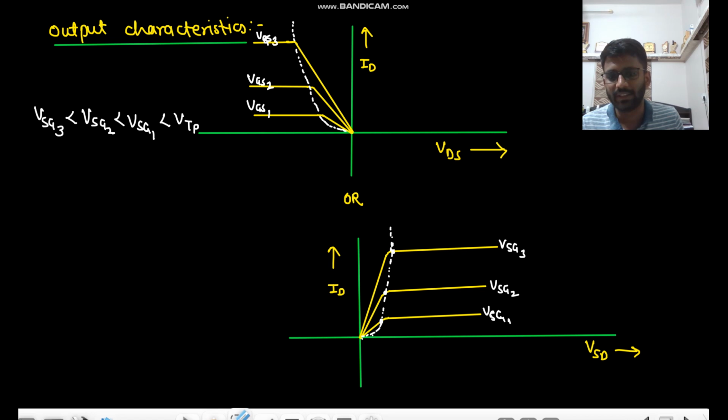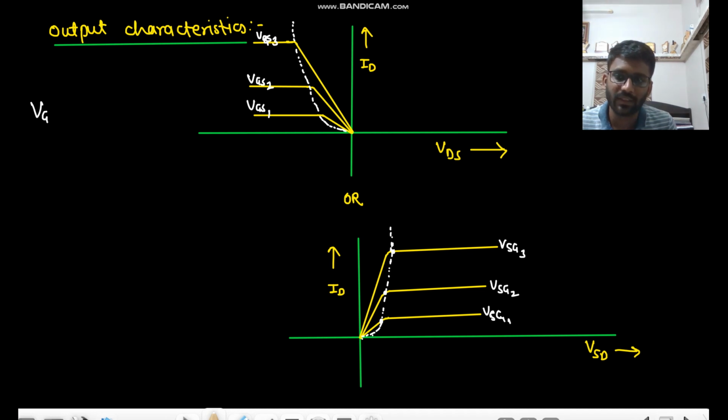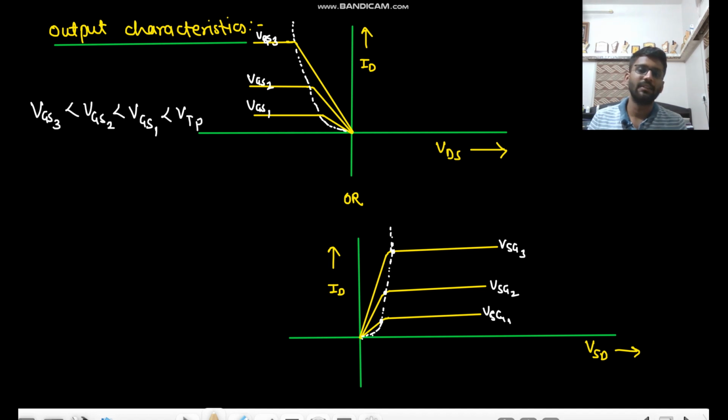It should be VGS because the source is at higher potential. So VGS3 will be lesser than VGS2, lesser than VGS1, lesser than VTP. This is negative, this is negative, this is negative.